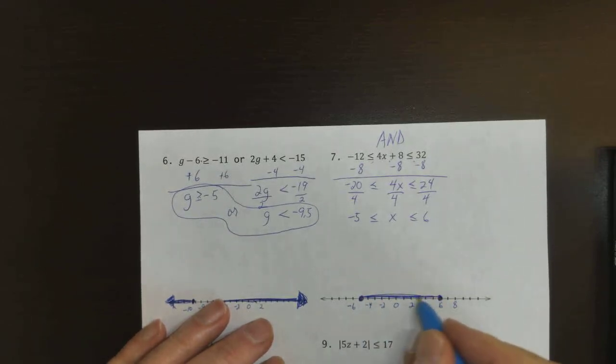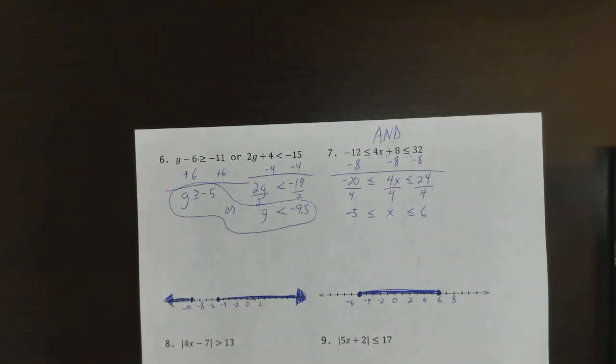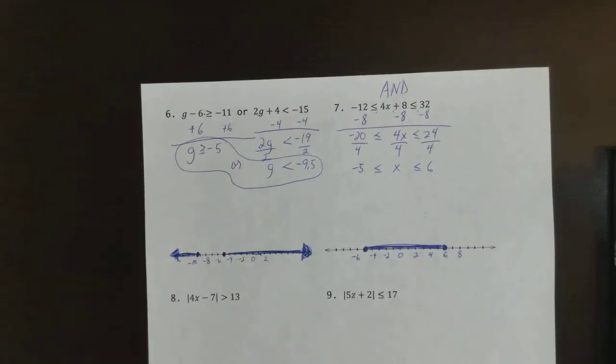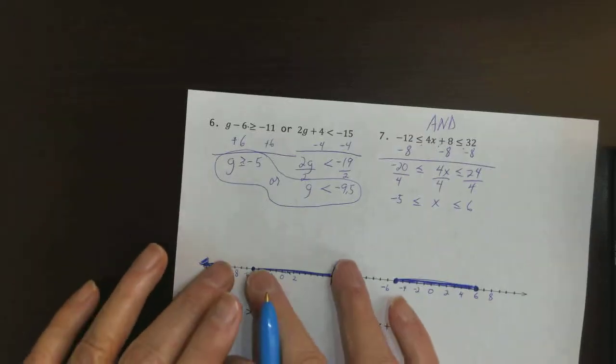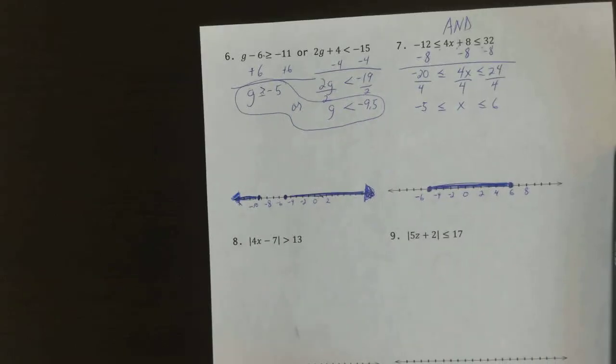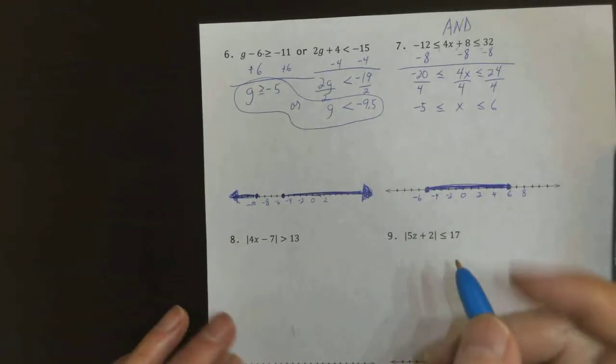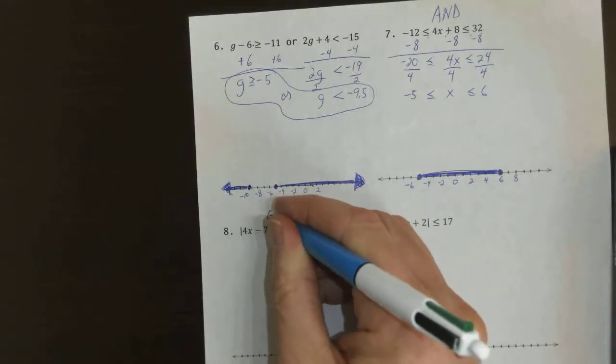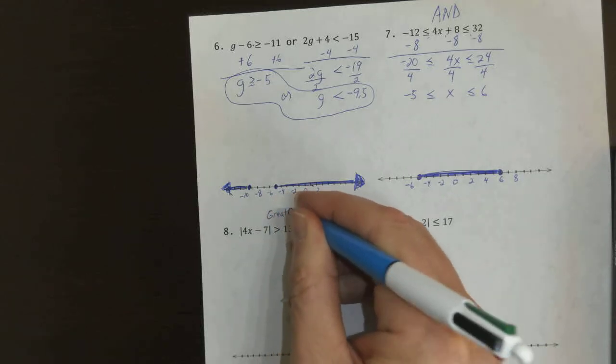Shade between the two. And there's an AND. See the OR and the AND. Okay. And that's important on 8 and 9. This is great OR.